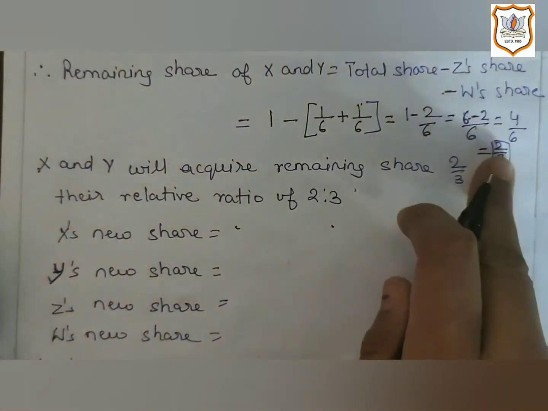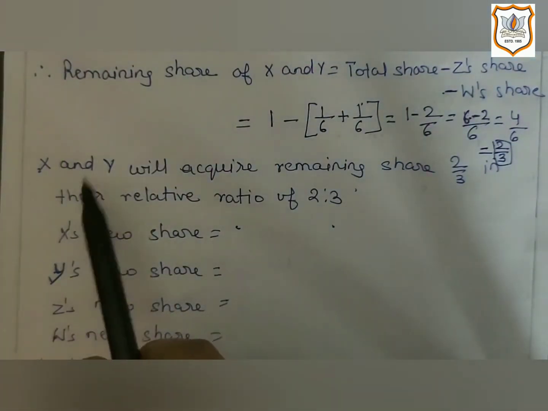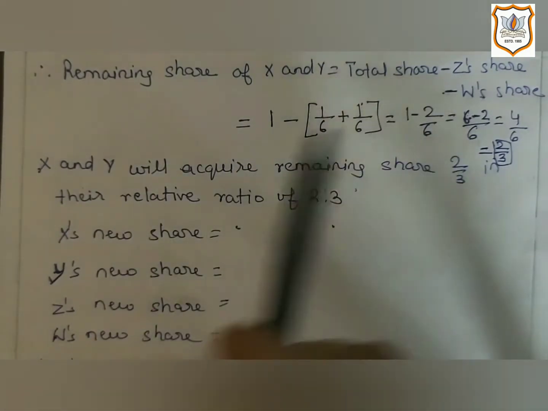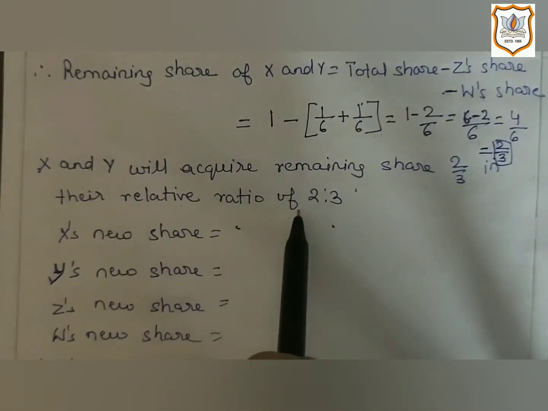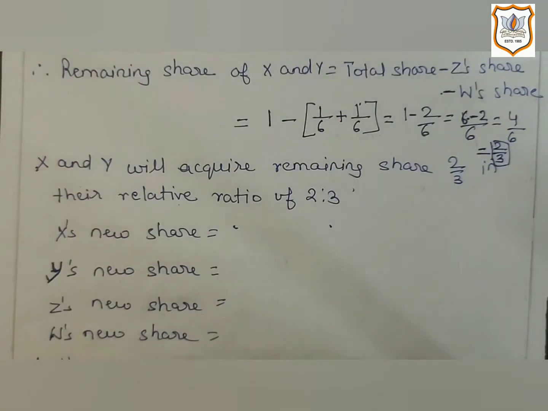So here 2/3 is the remaining share of X and Y. That means X and Y will acquire the remaining share 2/3 in their relative ratio of 2:3, as I explained to you just before starting the solution.